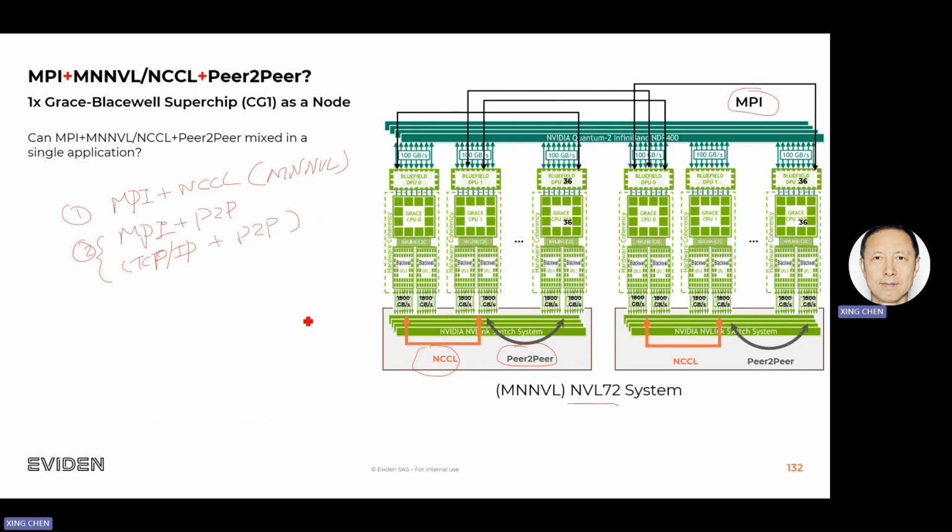Okay. My last question is, is that possible? Do we have any interest to deploy MPI plus NVL-capable NCCL plus peer-to-peer memory as the programming model for NVL72 systems with multiple NVL domains? The reason for me to ask is that for CPU computing, the most promising programming model right now is MPI plus OpenMP.